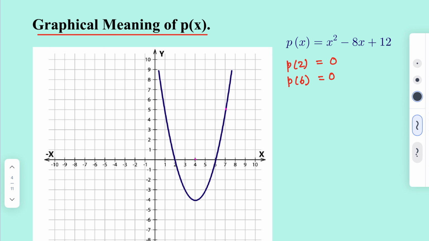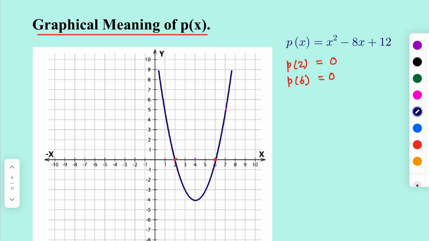Similarly, if we put 6, then 6 square is 36 minus 8 into 6, 48, plus 12, which is also equal to 0. That means p of 2 and p of 6 will be equal to 0. And you see in the graph, we have taken these 2 points. One is here, p of 2 is 0 and p of 6 is 0.